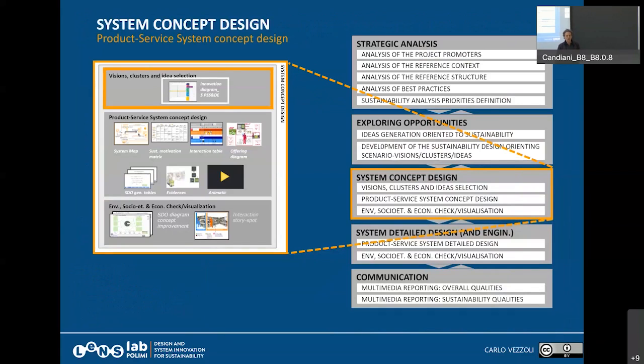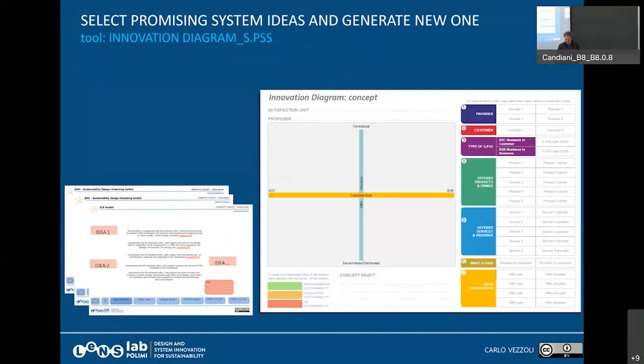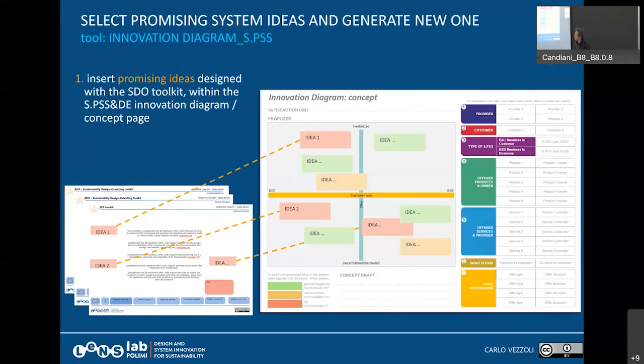Then we go to the concept design phase, okay? A bunch of ideas, let's try to understand what our concept could be. So you will be using the innovation diagram, another tool that we presented the other time. What you will be doing is selecting the most promising ideas, environmentally sustainable, socio-ethically sustainable, and sustainable when they are in a combination of SPSS and DA, okay?